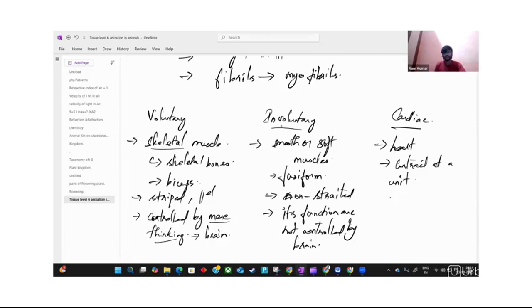That's why the heart functions only when one cell receives a signal and the other neighboring cells receive the same signal, and then it contracts. Otherwise it could be a major problem. Okay, so these are all about cardiac muscles.